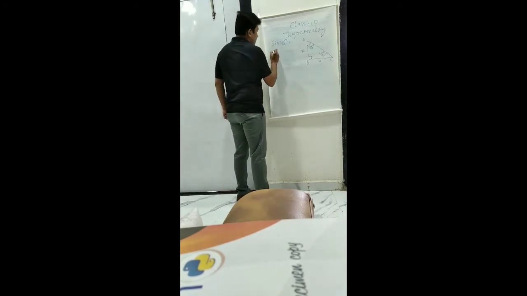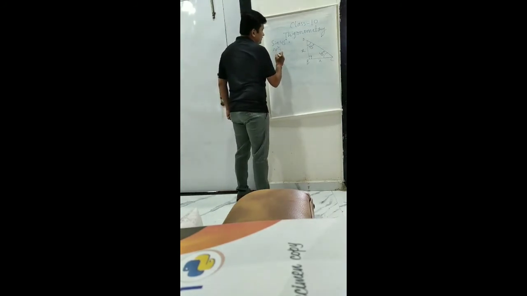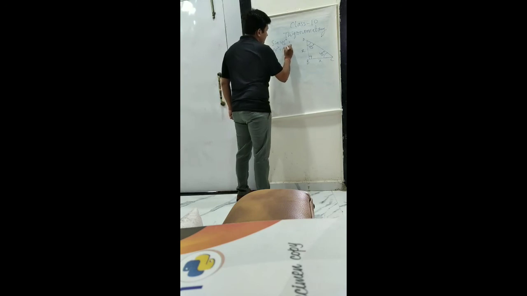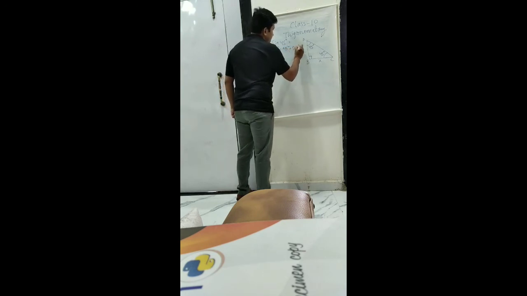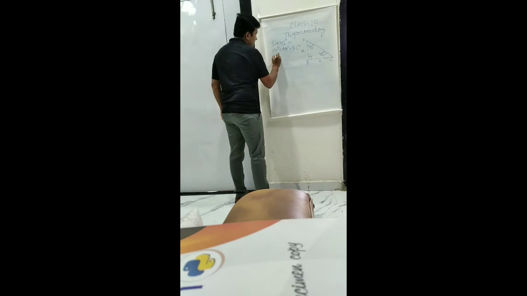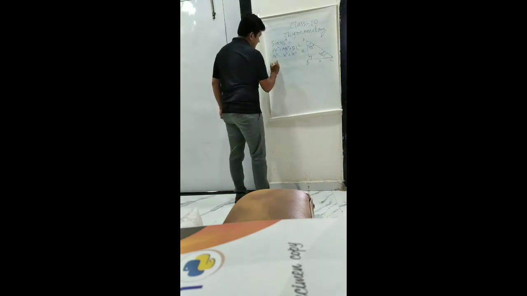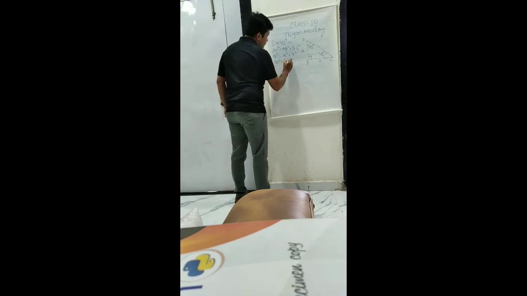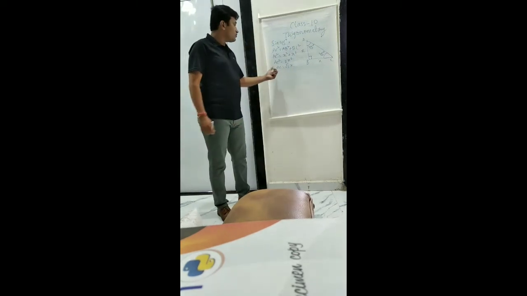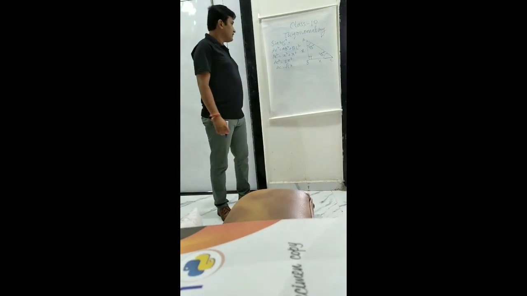So the square of AC equals the sum of the squares of AB and BC. AB is x, so x square, BC x square. So AC square equals 2x square, and AC here is root 2 x. I have taken the square root of both sides of the equation.